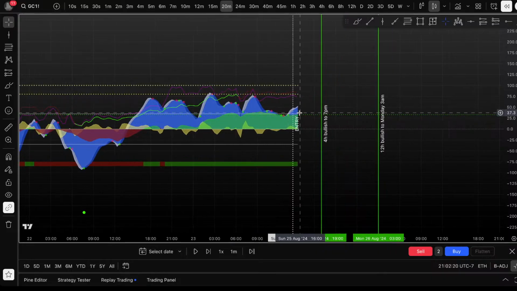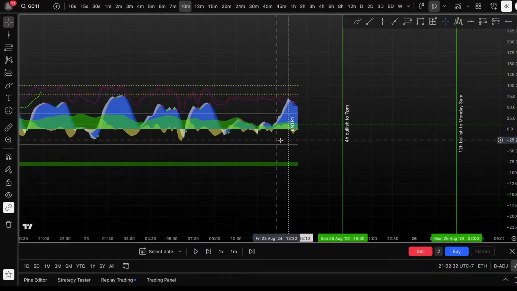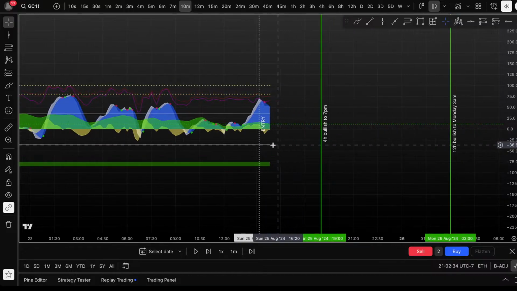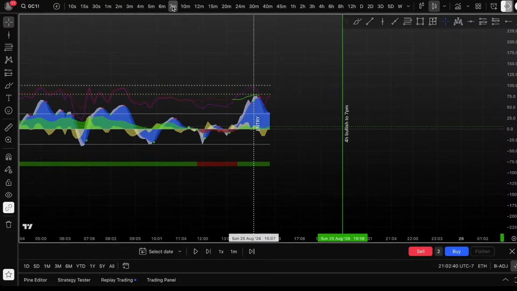20-minute is alive up to 4 o'clock. Could bring this back up. What's the 10 looking like? 10's not sure. We got a little fight going on. RSIs are joining the red.